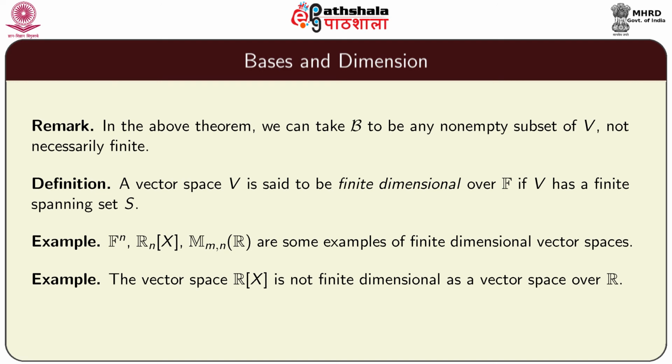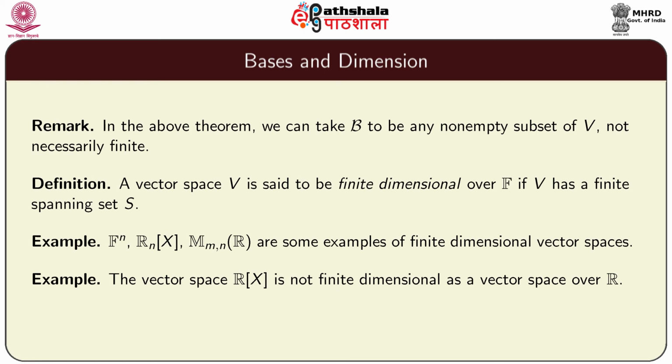Now, since you have finitely many polynomials and each polynomial has a degree, assuming that none of them is the 0 polynomial, if we require that these f1, f2, fn must span R[x], that is not quite possible, because any linear combination of these f1, f2, fn's can have degree which is at most the maximum of the degrees of these f1, f2, fn.